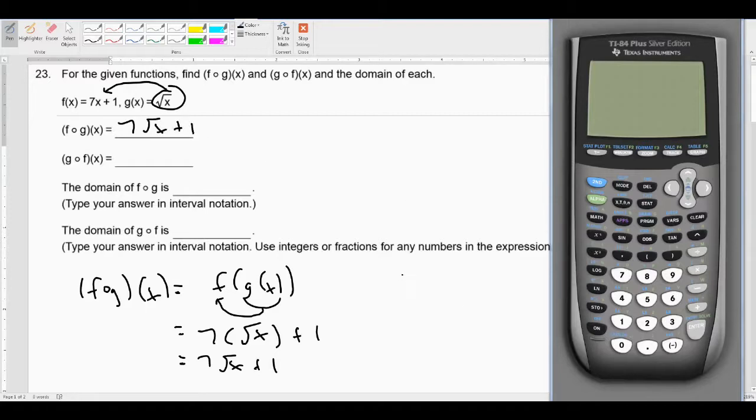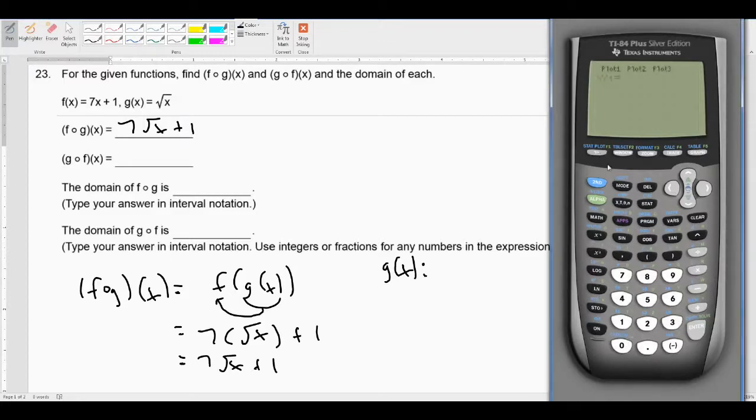Now, when we do the domain, you have to look at the inside function first. So the domain of the inside function, which is the square root of x, let me erase these lines out. The square root of x, I recommend going to your calculator and typing in second square root of x and graphing it. Now what's going on, it looks like it's going from 0 to the left all the way to infinity.